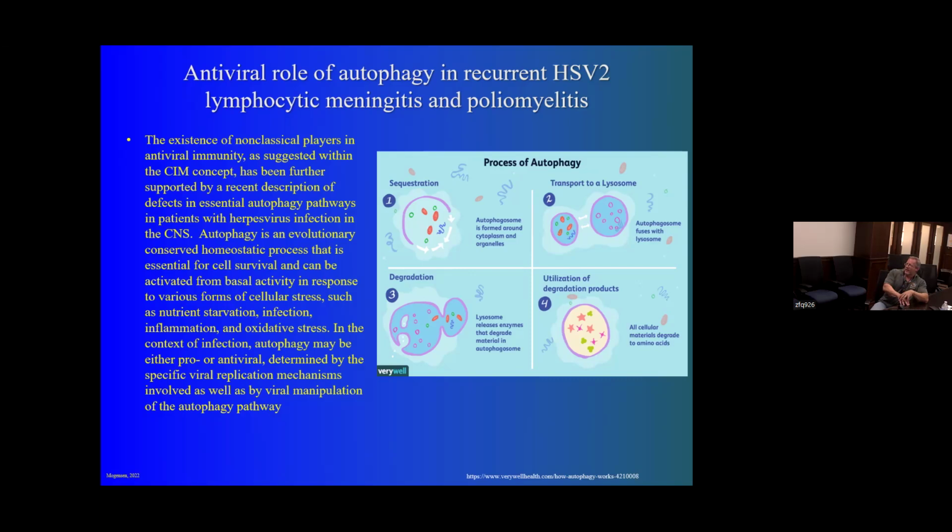However, in the context of infection, particularly viral infection, the virus may be able to use this process to help spread through the body. And in some individuals, just as we saw in the TLR3 deficiencies, we also see individuals that are genetically deficient in certain phases of the autophagy process, and viruses are able to take advantage of these breakdowns in the autophagy pathway in these individuals and spread and cause much more severe infection than normally would.